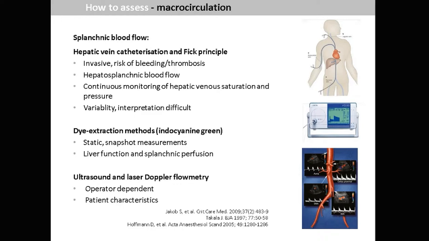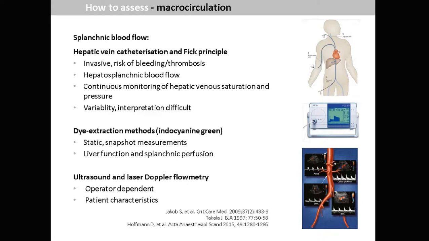The dye extraction method with indocyanine green, which is available in the Pulsion monitoring systems, gives the extraction of indocyanine green, and that can help you calculate liver function and splanchnic perfusion. The bad thing is it's difficult to differentiate between these two.